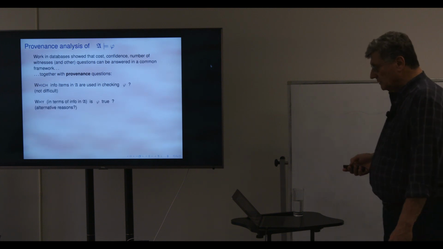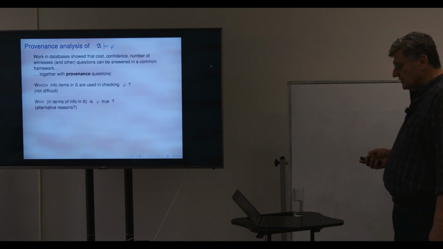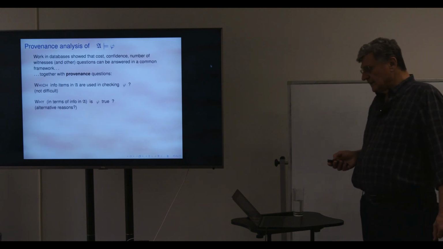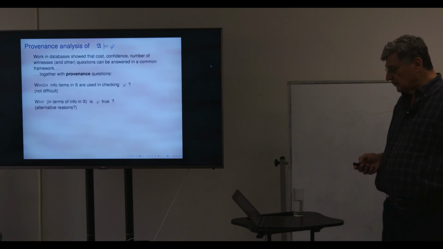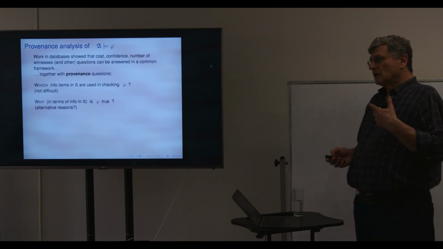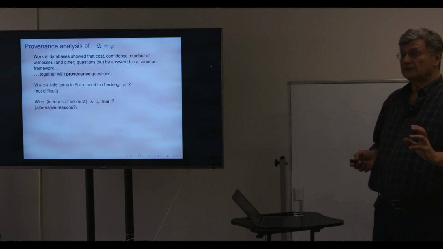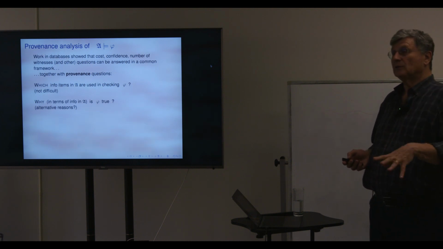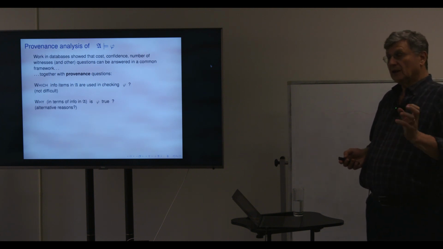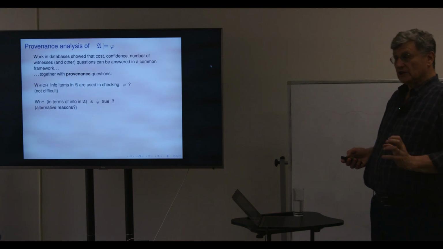A more subtle question is if you ask, well, in terms of that information, why is phi true? That is, the why here is a substitute for the possibility of having alternative reasons. There may not just be one way in which we actually can check that sentence.